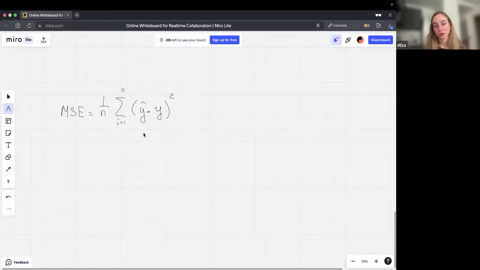To understand it, remember that your predicted value is just y = weight 0 plus weight 1 multiplied by x. And your cost function is just this expression.